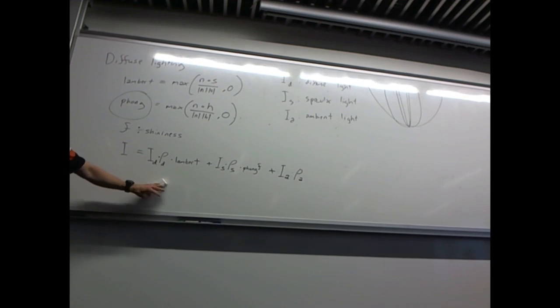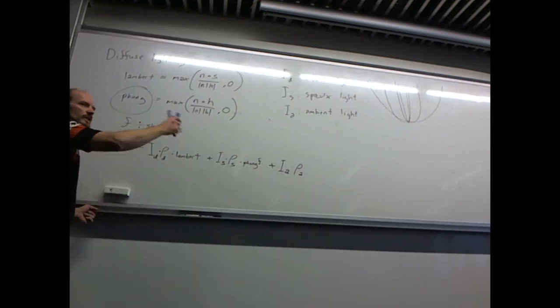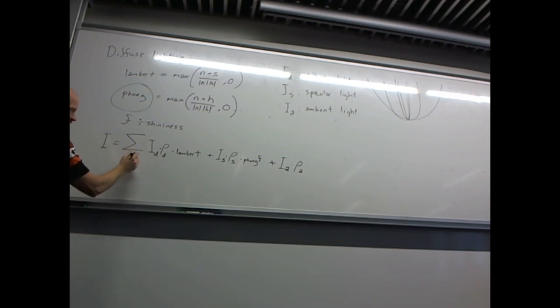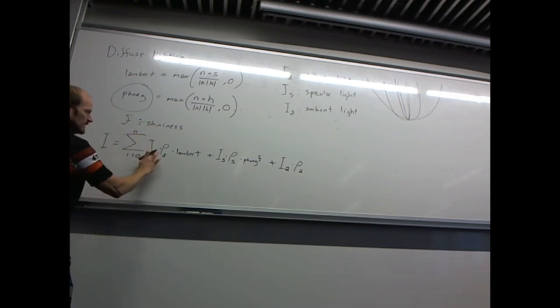Now, when we start adding this for several lights, this actually becomes something like this. The overall intensity equals the sum from i equals light 0 up to light n. We have n lights, and then I have to say the intensity for light number i, diffuse.